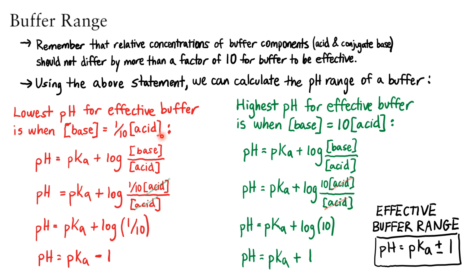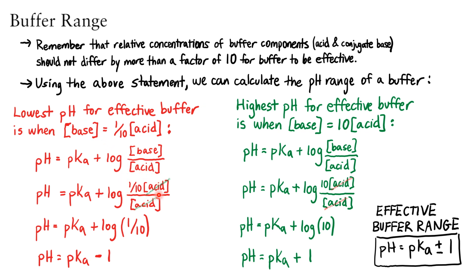This makes sense. And we can go through this mathematically and show that this is actually true, if you plug the base concentration in for being 1/10 of the acid. Because if your base concentration is 1/10 of your acid concentration, that means you have less base, which means you have more acid, which means you would have a lower pH, right?